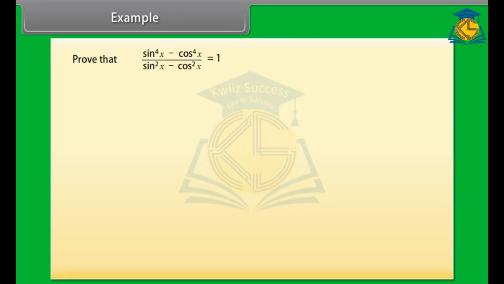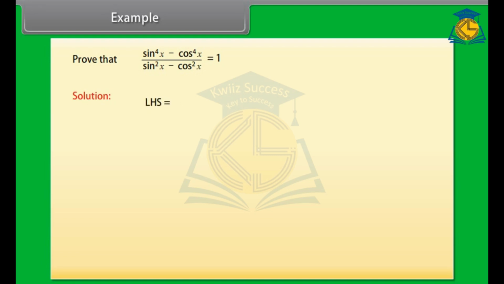Example 2. Prove that sin raised to the power 4x minus cos raised to the power 4x whole upon sin square x minus cos square x is equal to 1. Solution.